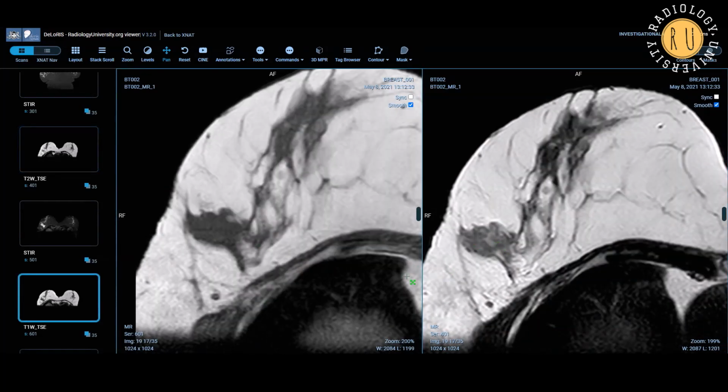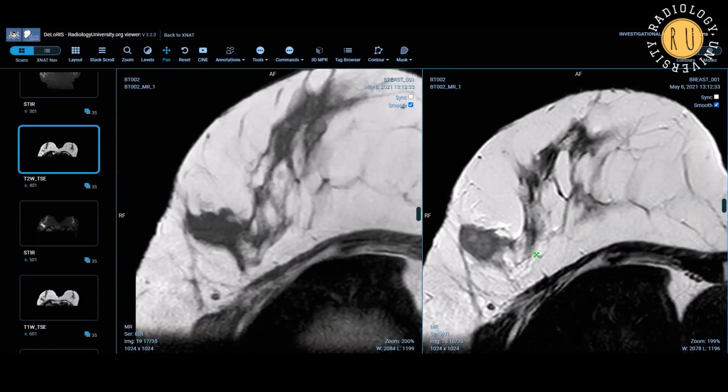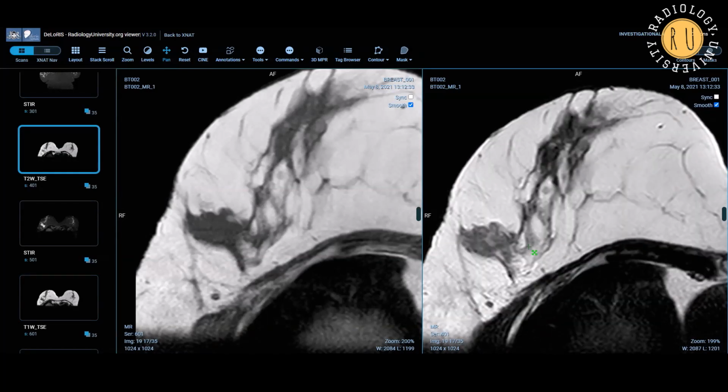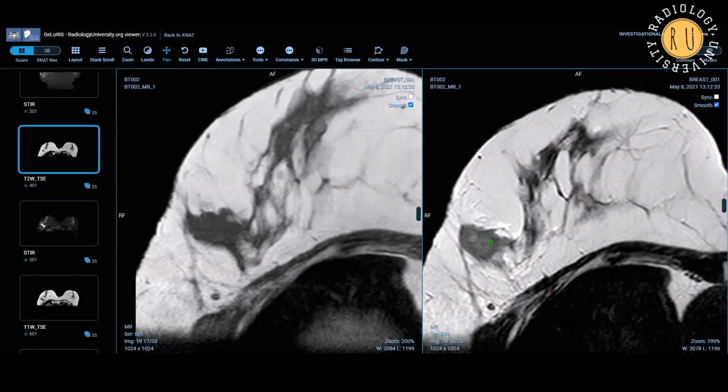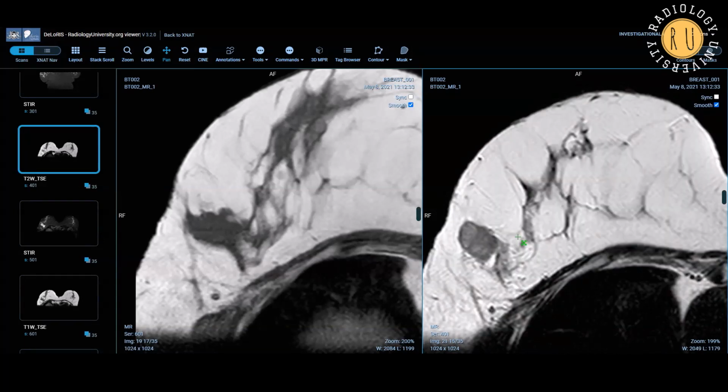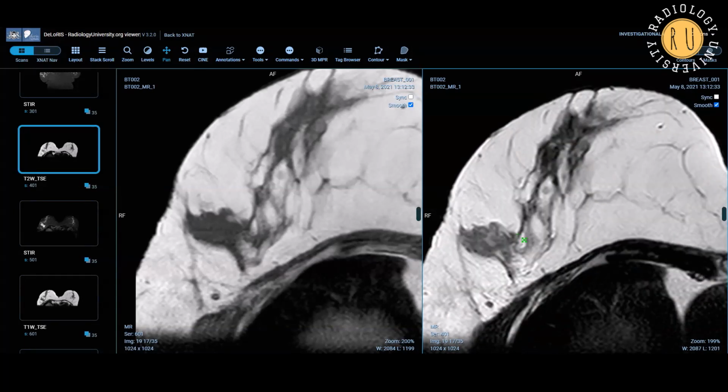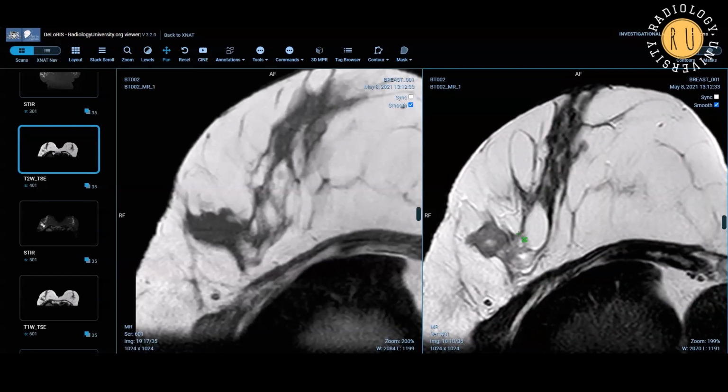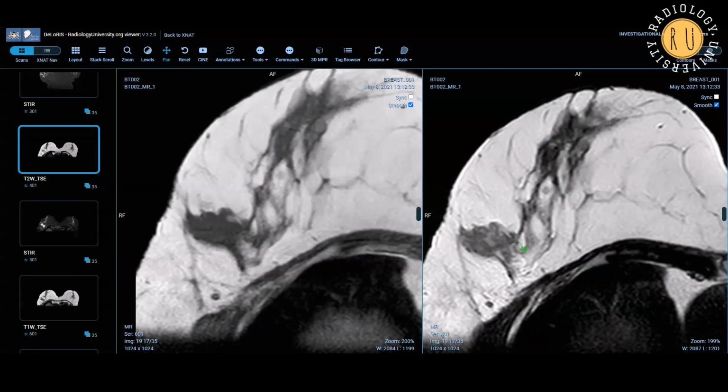That means it's more cellular. If it's hypointense on T2, it's a bit more cellular, because if you have something like a cystic lesion, like a simple cyst, it will be hyperintense, and even fibroadenomas will be more hyperintense compared to the neoplasm.